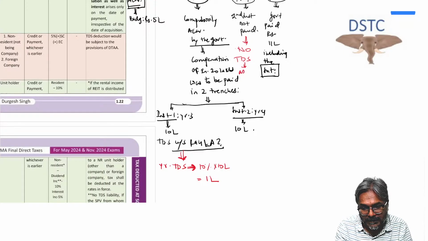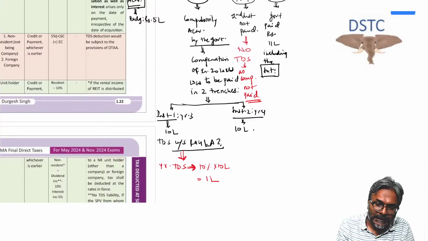as compensation not paid. No TDS as compensation not paid. That is the point.